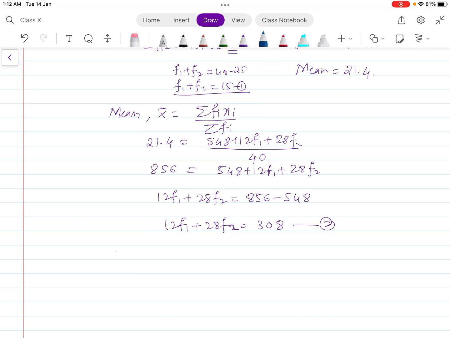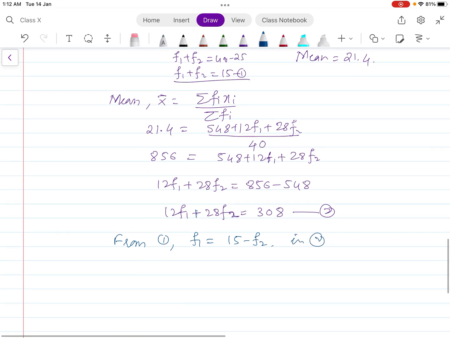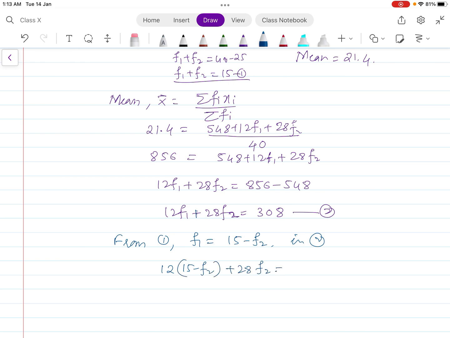From equation 1 we can substitute any one value. Here we will substitute f1, because 12 into f1 means the multiplication will be easier. So f1 equals 15 minus f2, therefore 12 times (15 minus f2) plus 28 f2 equals 308.